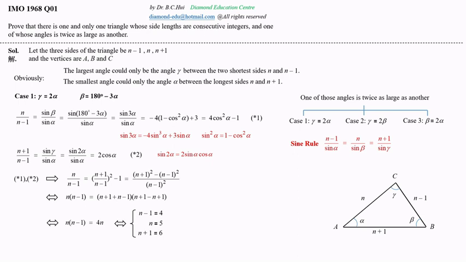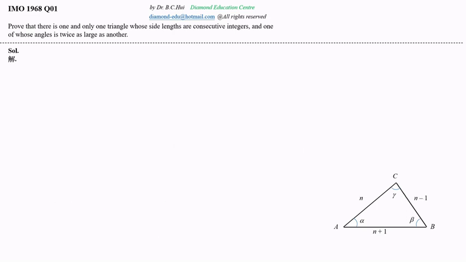And we get n equals 5, n minus 1 equals 4, n plus 1 equals 6, which is a set of solution of integers. Now, this may be the unique answer. Let's consider the two other cases.